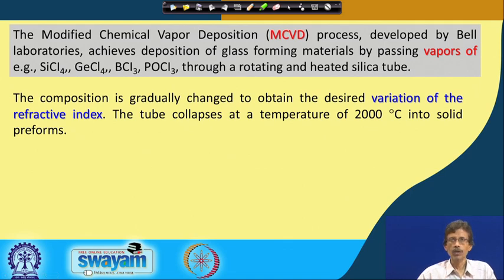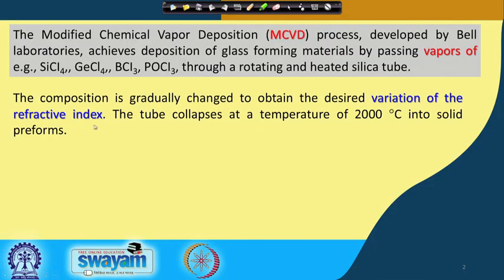That is important because we want total internal reflection when the signal, which is in the form of light, is passed through the optical fiber. We only expect total internal reflection such that no loss occurs in terms of refraction or reflection. So, there will be a desired variation of the refractive index, and that can be obtained.